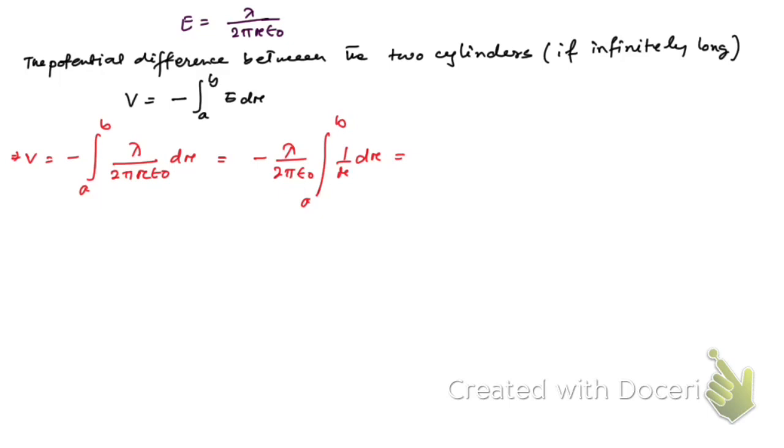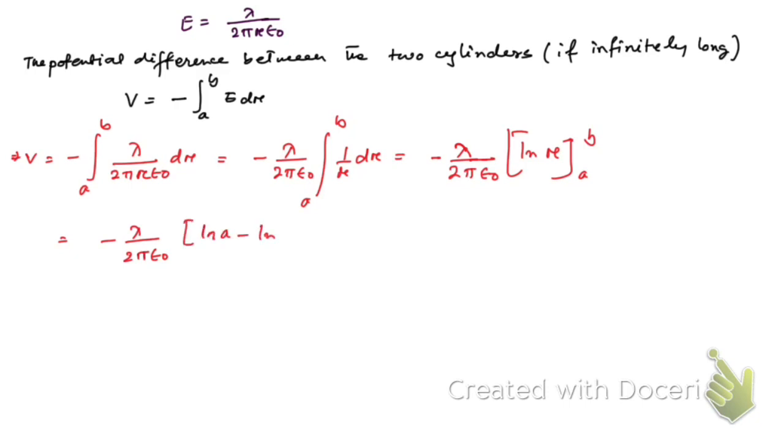It is going to be equal to what? Integration of 1 by r, that's log, right? So here we're going to write natural log, ln. Lambda by 2 pi epsilon naught, and here it's going to be ln r, and we are integrating it from a to b. If you put the upper and lower limits, then it's going to be minus lambda by 2 pi epsilon naught into ln a minus natural log b, right?